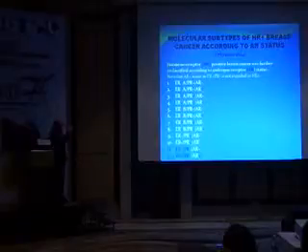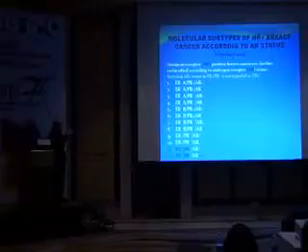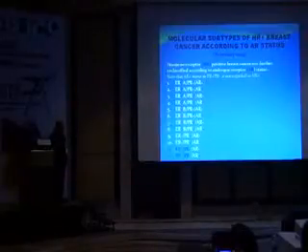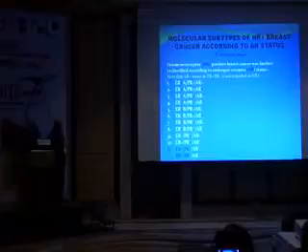Luminal type A: ER positive, PR negative, AR negative, this is one category. ER positive, PR negative, AR positive, this is another type. ER positive, PR positive, AR negative, this is the third type. Or ER, PR positive, AR positive, this is triple positive.